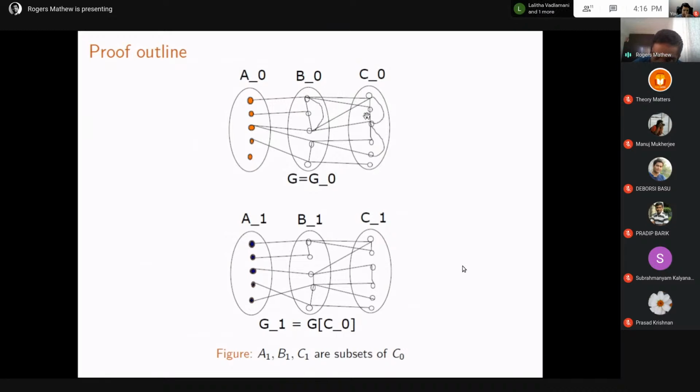But C0 I partitioned into A1, B1, C1. Now every vertex in C1 has at least one neighbor in B1 and B0. Now this C1 I partition into A2, B2, C2. Every vertex in C2 has at least one neighbor in B2, at least one neighbor in B1, and at least one neighbor in B0.